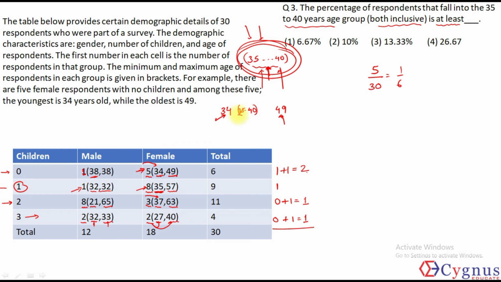Those 3 females will be either less than 35 years or more than 40 years. So I should write 0 here. This count will decrease by 1. So this becomes 4 by 30. That is 2 by 15 into 100 percentage wise. So 200 by 15, that is 40 by 3. And 40 by 3 will give you 13.33%. So this was a very easy case set. Just have to count the numbers depending on the question, whether you want to maximize the range or minimize the number of people.